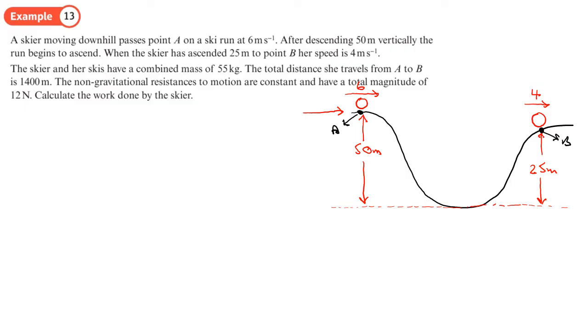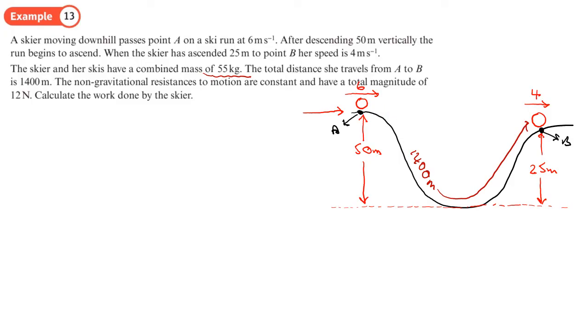So we know that the skier and her skis have a combined mass of 55 kilograms. Okay, I'll just underline that. The total distance they travel is 1,400 meters. So 1,400 meters is this distance all the way from there to there.